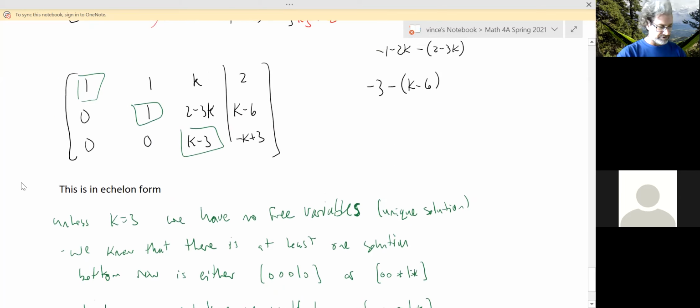Just reduce it down as if the k was just a number, and carry it along, and you should get some equation to work with in that bottom row. And it should be pretty straightforward once you get to there. All right, so that type of thing is what you're up against. Make sure you can work through the logic of how you get a unique solution or not in those cases.